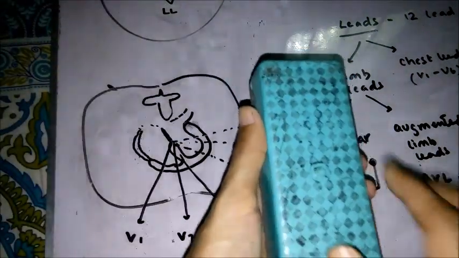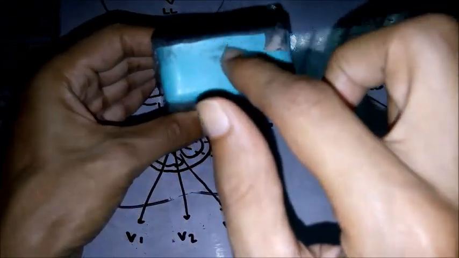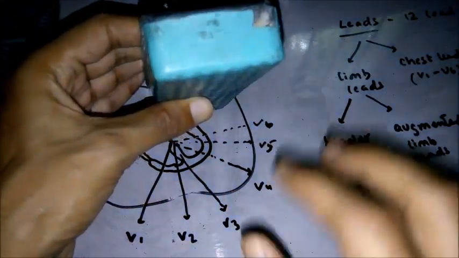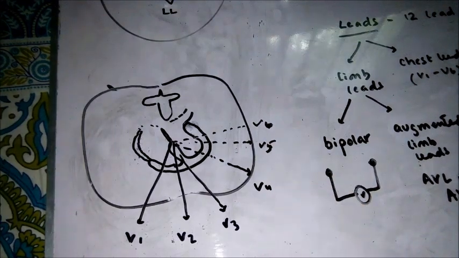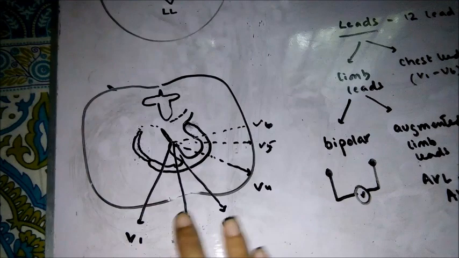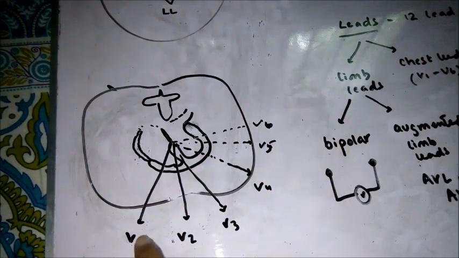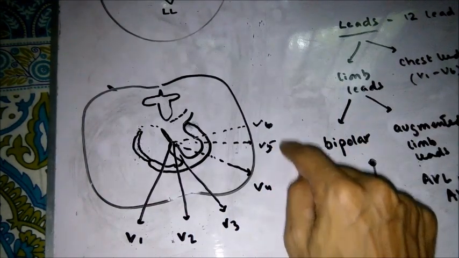The limb leads were telling us the electrical activity only in this kind of a plane, but it wasn't telling us the electrical activity in the outward plane. So in the outward plane, we use the chest leads, right? So we have 6 chest leads that we use. We could use more than 6 leads as well, but conventionally we use these 6 leads: V1, V2, V3, V4, V5, and V6.